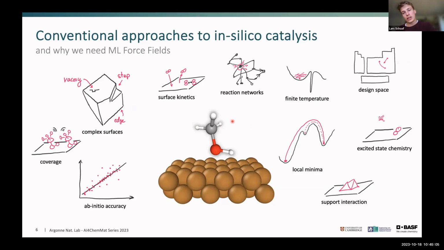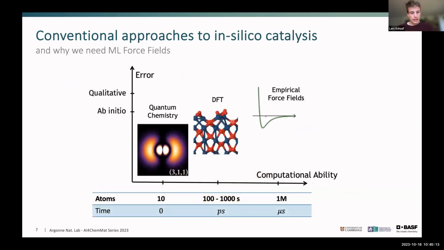And so I figured it might make sense to give a quick background on machine learning force fields. That's not the main aim of this presentation, but the idea is that we have a very nice ladder. Of course, there are a lot of methods that I'm missing here, but right down from solving the Schrödinger equation to approximations to solving the Schrödinger equation, like density functional theory, which is commonly used.